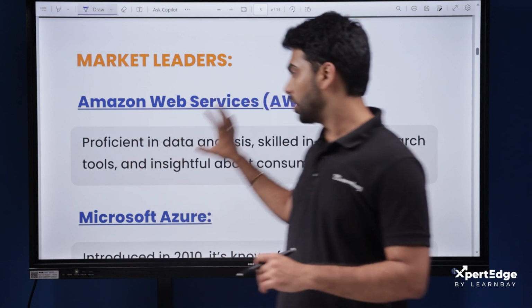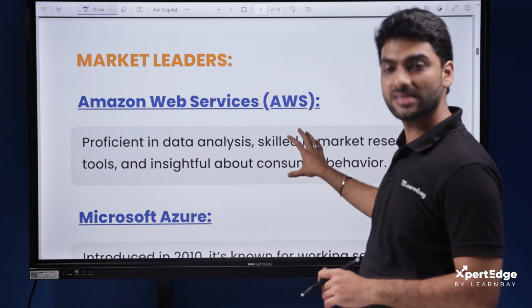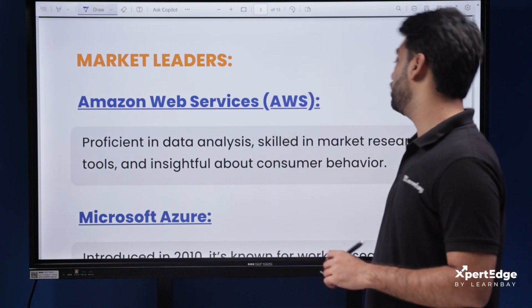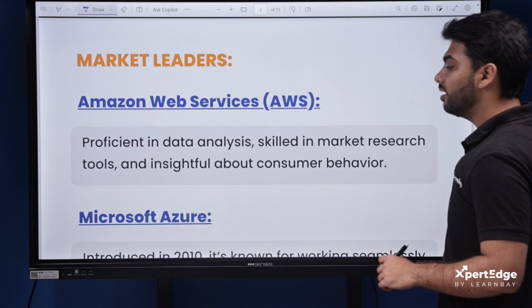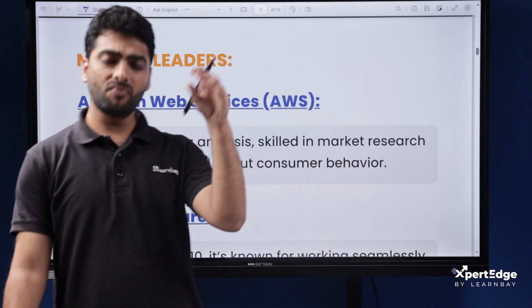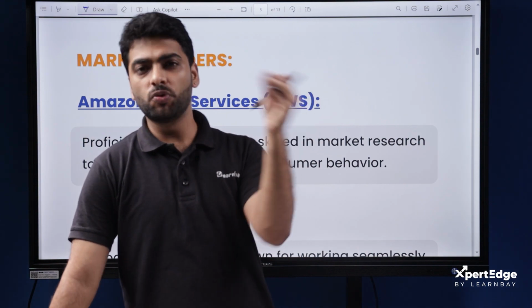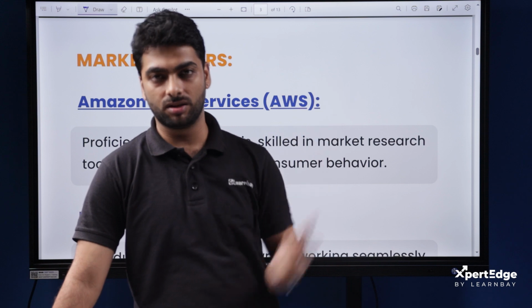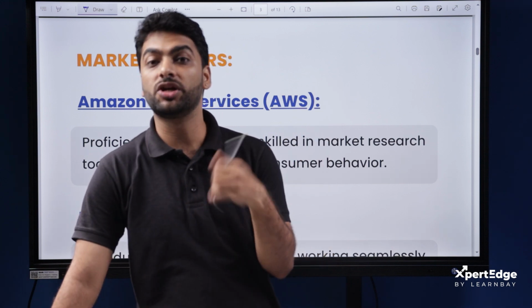AWS, because it is very skilled in data analysis, very efficient for market research tools, and insightful in consumer behavior. If you look at it in a little more detail, when you're watching a show or a movie on Netflix or Amazon or Hotstar or any other OTT platform, they will ask you, did you like it?